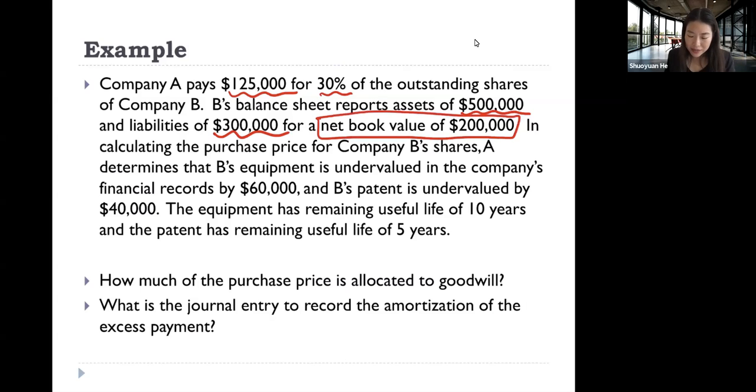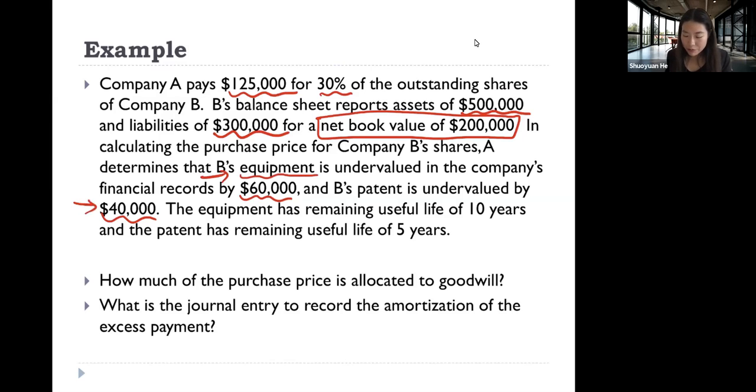In calculating the purchase price for Company B's shares, Company A determines that B's equipment is undervalued by 60,000. So part of the difference is coming from Company B's undervalued equipment. Company B's patent is undervalued by 40,000. So here's another difference, which comes from the patent.